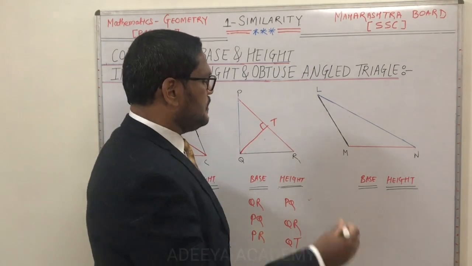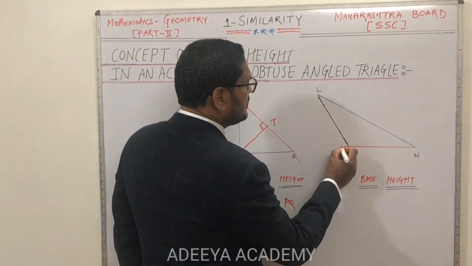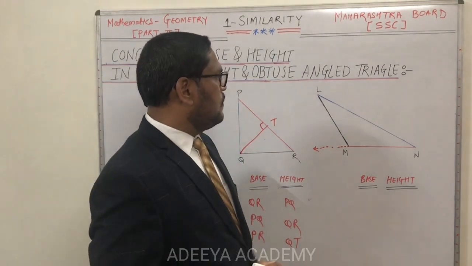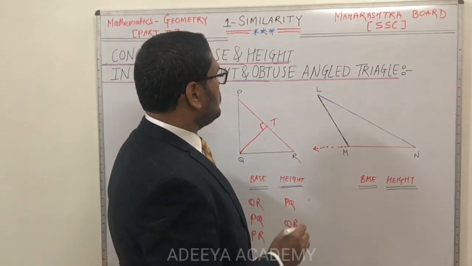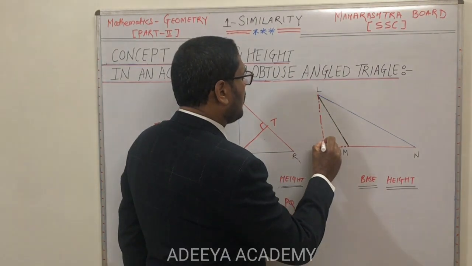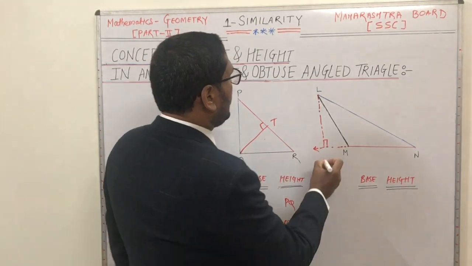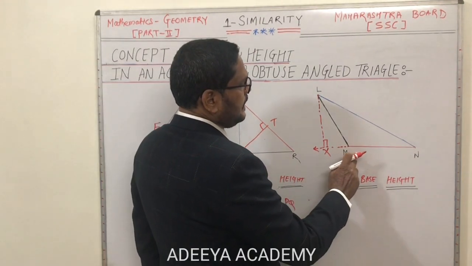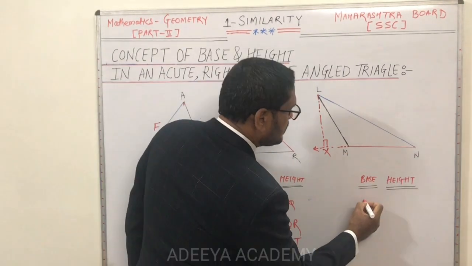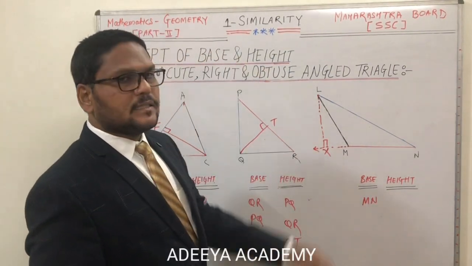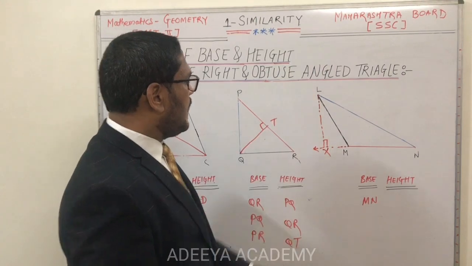So we need to extend this MN. Now we can draw perpendicular LX. Now we can say that MN is a base and its corresponding height is LX.